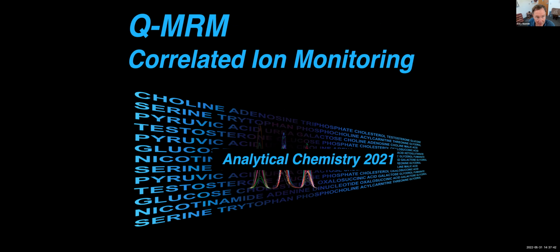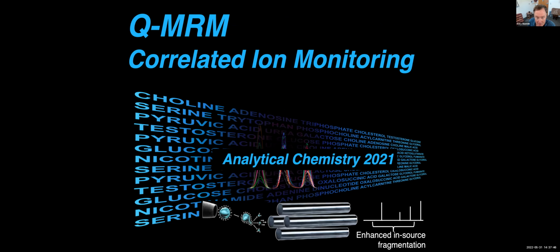This one is a personal favorite. It's the correlated ion monitoring, and we made some original observations on a fairly broad scale with Metlin, that we were able to see the in-source fragments matching across a wide range of molecules with the tandem mass spectrometry data.